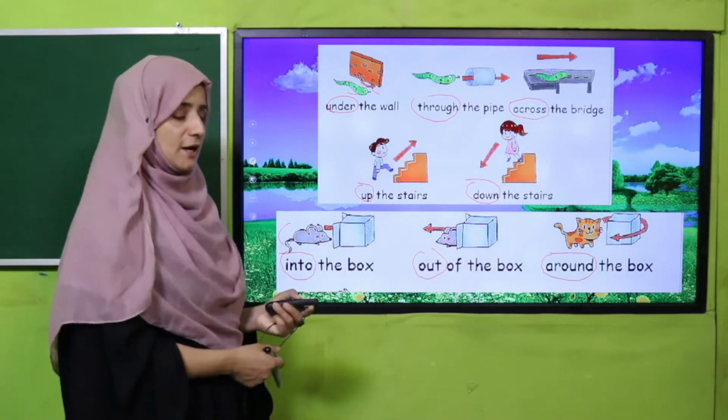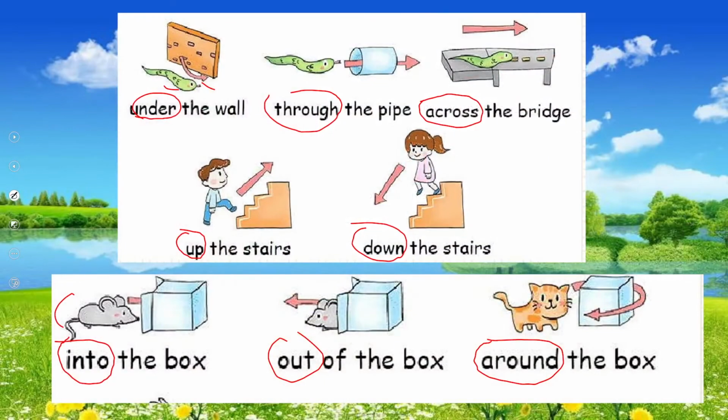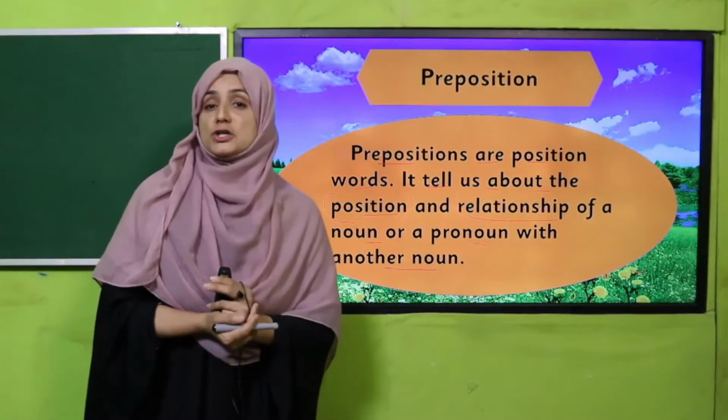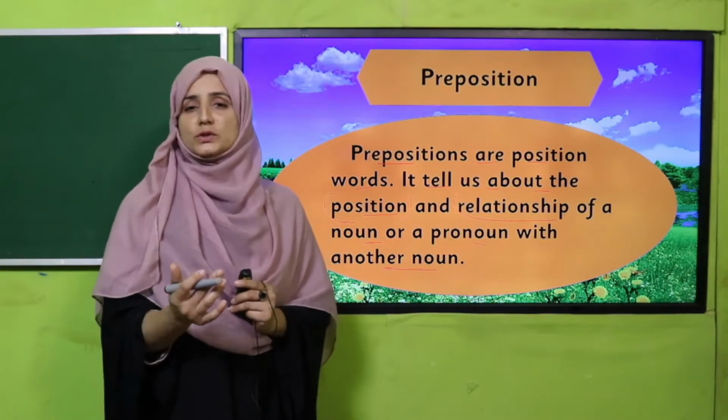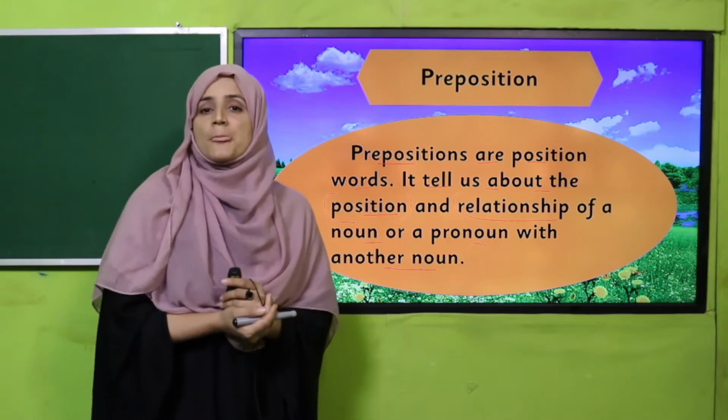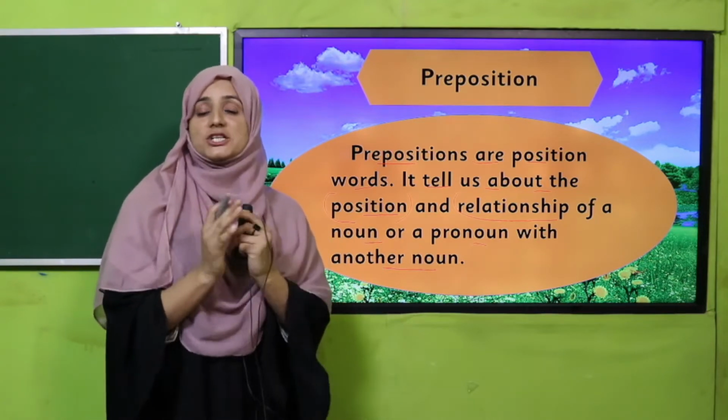Okay, see that? What are prepositions now? I think now you have judged that we are going to learn about position words. So what are prepositions? Prepositions are position words. They tell us about the position and relationship of a noun or a pronoun with another noun. So my dear students, these words, prepositions, are also called position words, and they tell us about position and relationship.